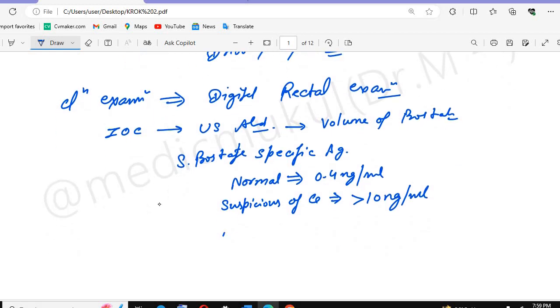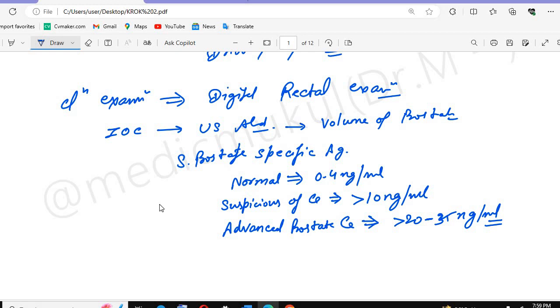And if we talk about advanced prostate carcinoma, in that we will see more than 20 to 35 nanogram per ml.